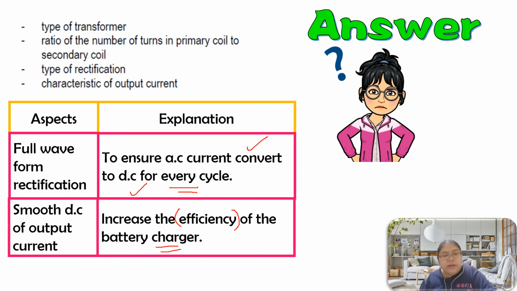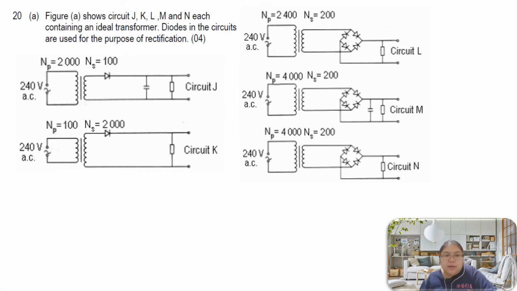Okay, we just finished the explanation. Now we need to choose, one by one. Now we got 5 circuits. We go and cross them out one by one.